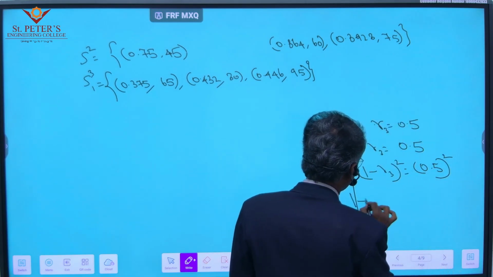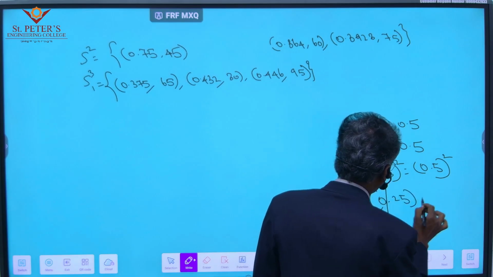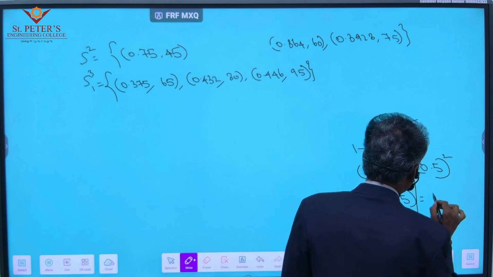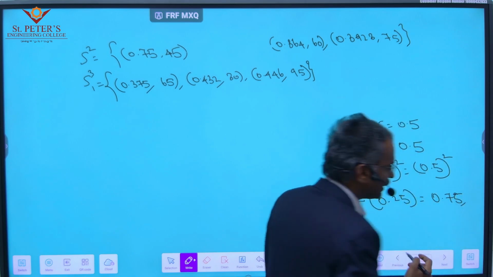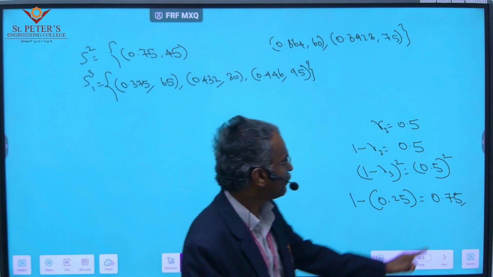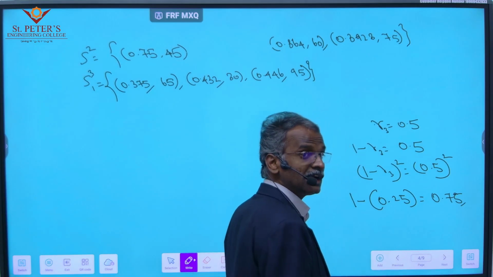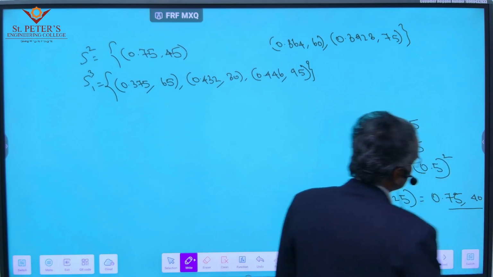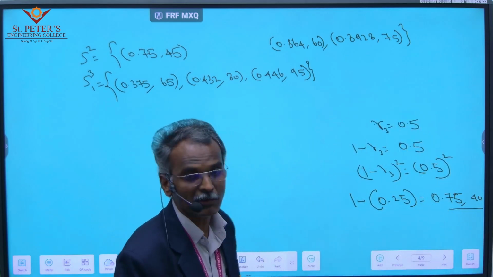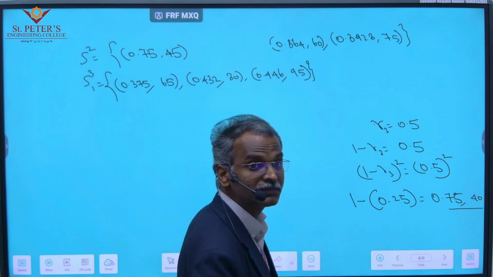So 1 minus 0.25 is equal to 0.75. For the third device, second copy, the reliability ratio is 0.75, and the cost you know already, 20 is the cost for the third device. So 2 copies, 40. So 0.75 is the reliability ratio, and 40 is the second copy cost of the third device.